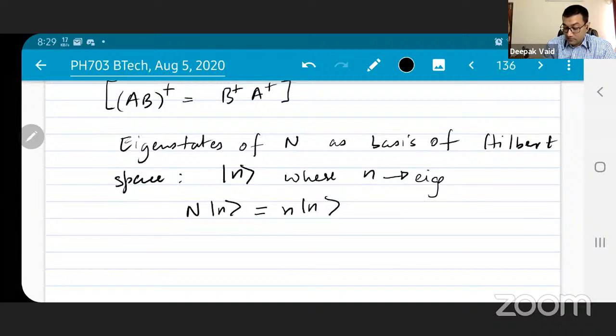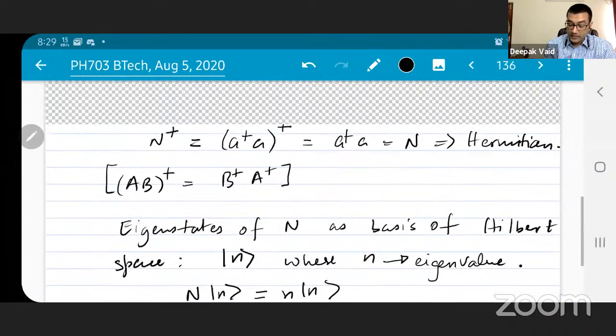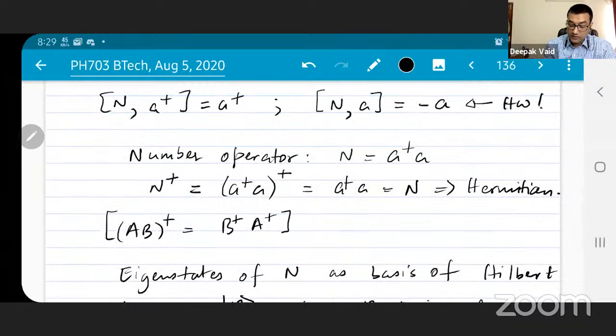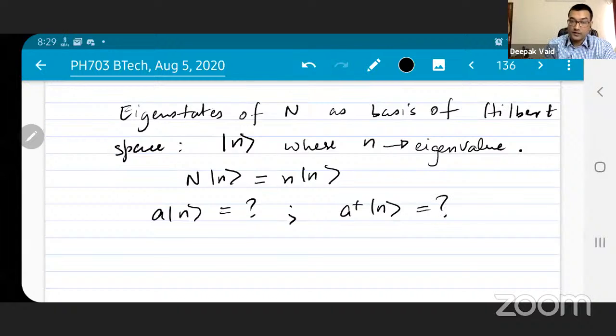Now let us ask what happens when I take one of these operators, A or A dagger, and act on the n state. This is what we want to find out.